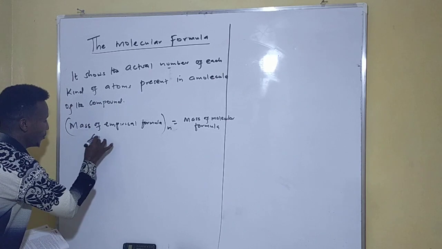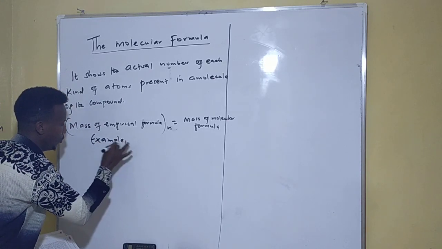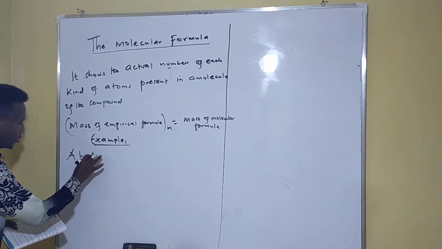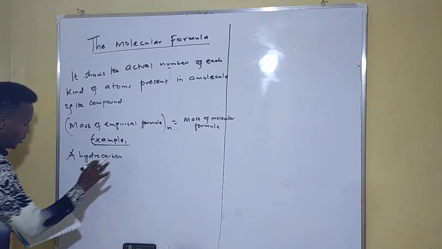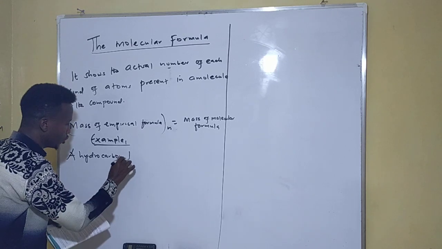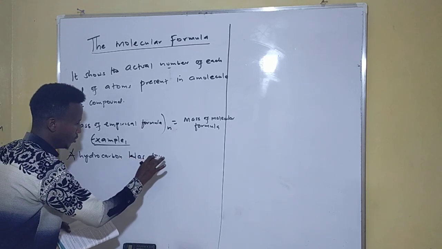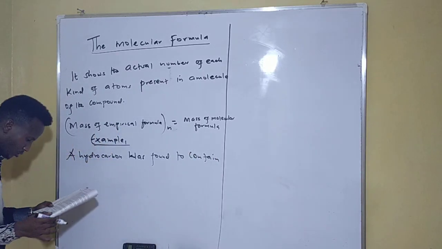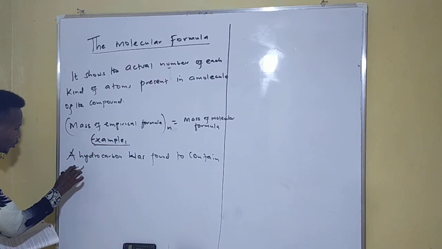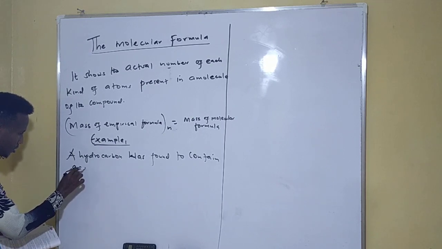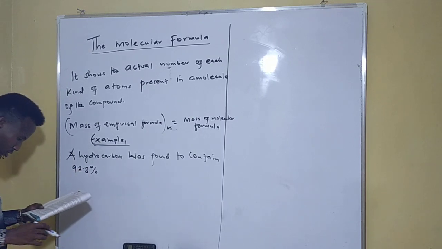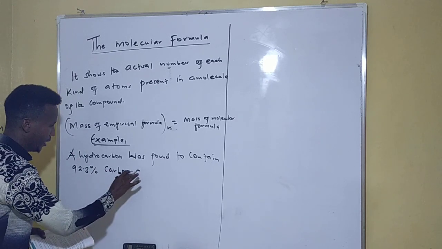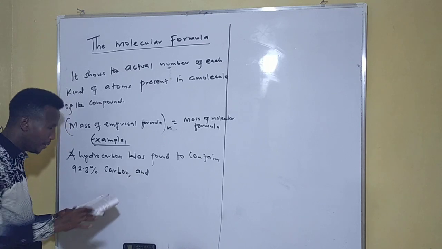Let's see now the first example. We have example 1. You are told a hydrocarbon was found to contain 92.3% carbon, and the remaining is hydrogen.